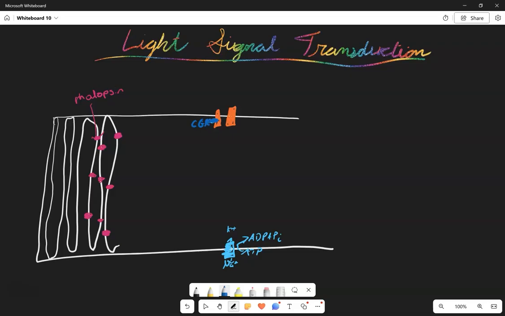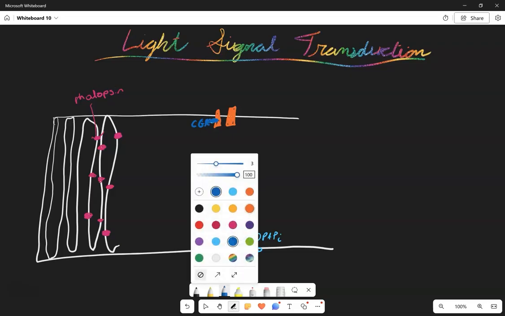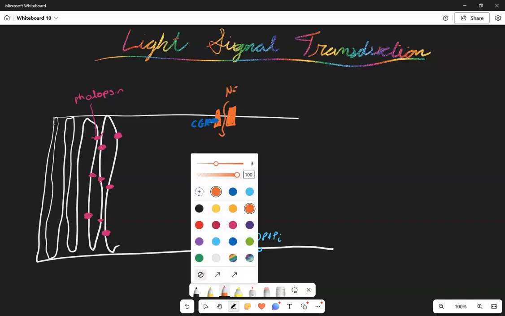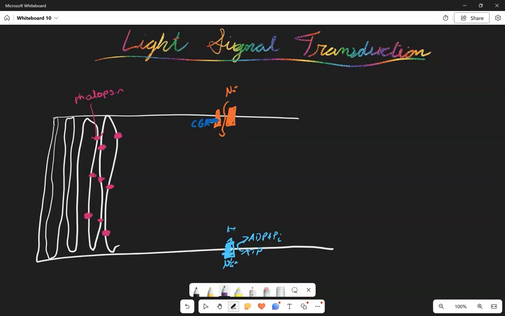So when cyclic GMP binds to this channel, sodium can flow through. The other thing that I want to put in here is a G protein, and this G protein is known as transducin.